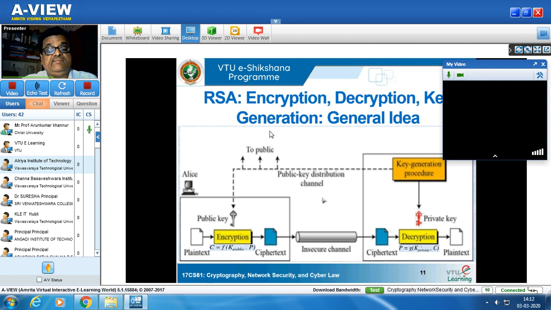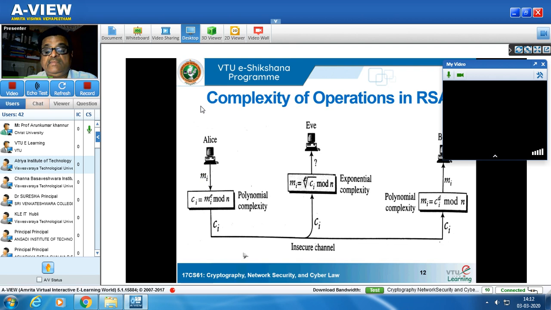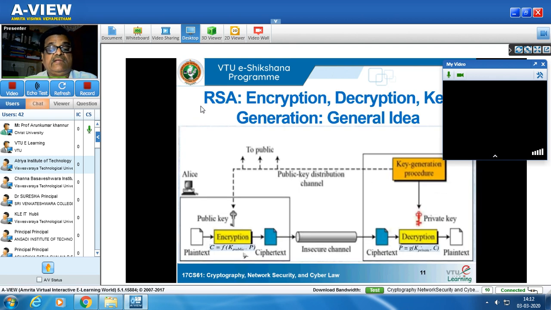Already I have mentioned there is a common function f using a public key k, and on the plain text the encryption is carried out, and we get the ciphertext, which passes through an insecure channel and reaches the decryption side, that is the receiver side, and then by making use of the private key we convert the ciphertext into plain text and make sense out of it.